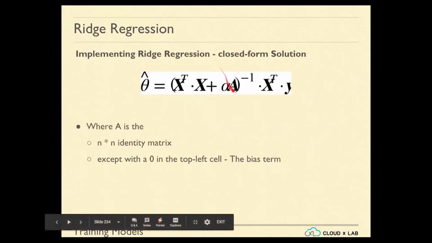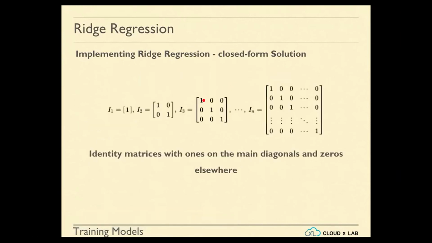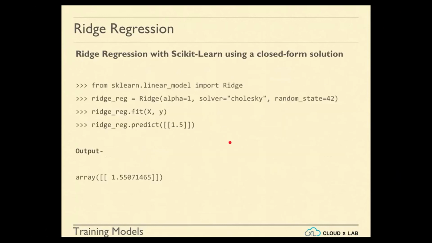And this A is essentially the identity matrix, except for zero here, and that's all. All right. So the way this is important to know is that we could simply say ridge and alpha equals 0 as argument.